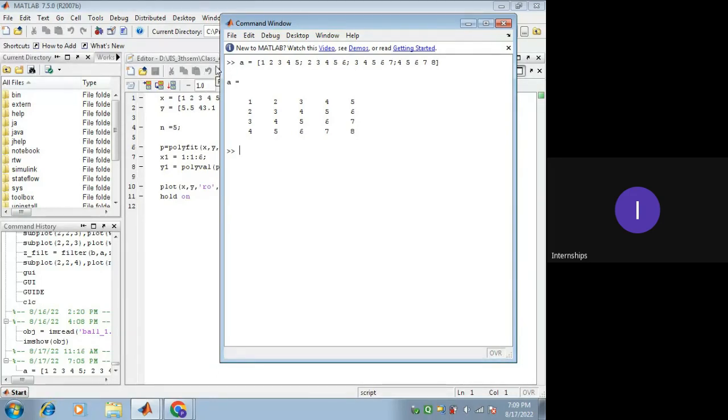Now, just like the vector, I can select any one element by mentioning its row and column number. That means if I want to select this 4, it belongs to the second row and third column. That means A(2,3) is equal to 4.